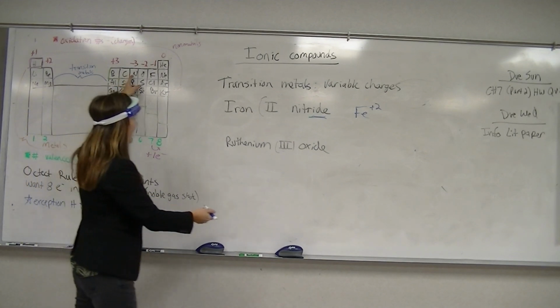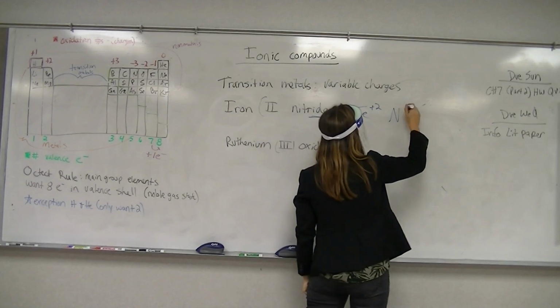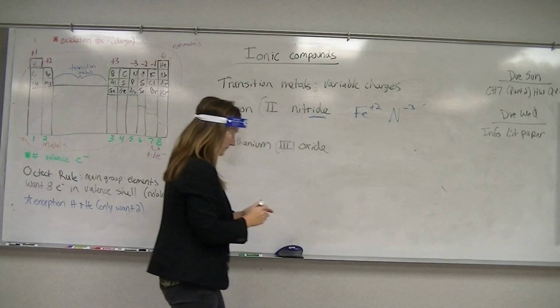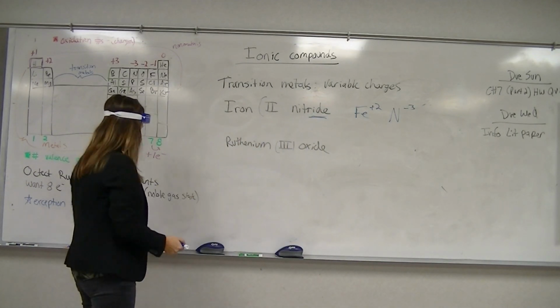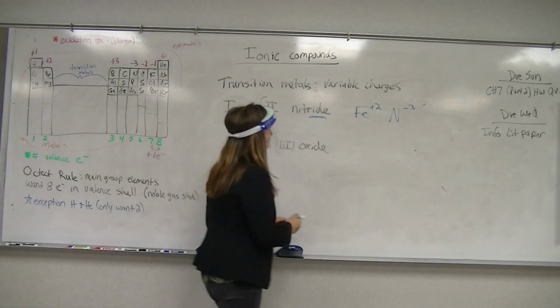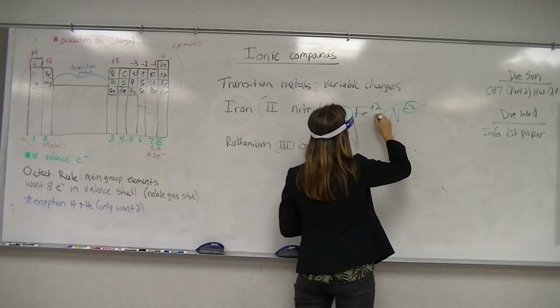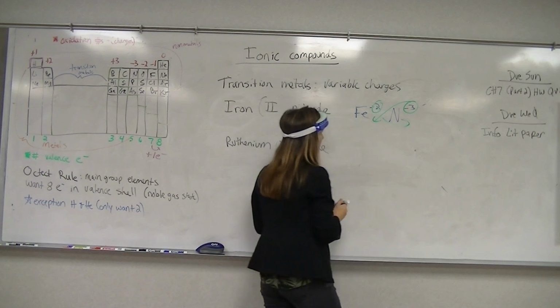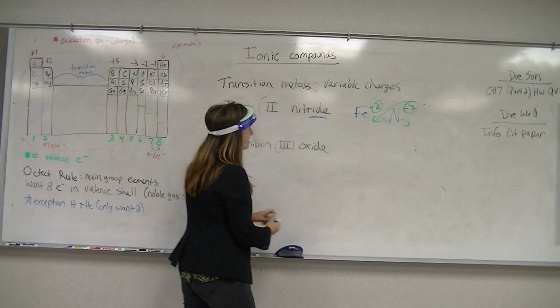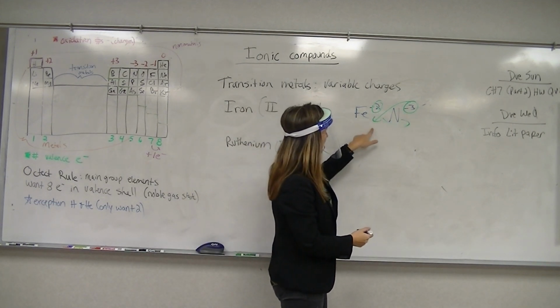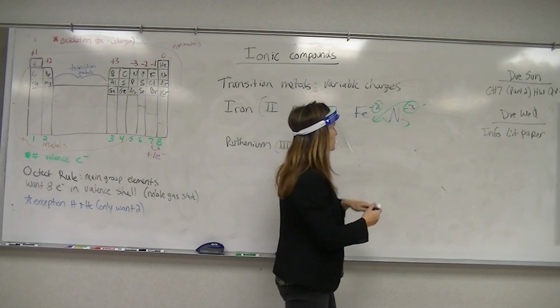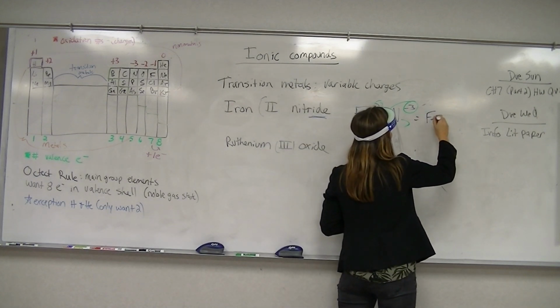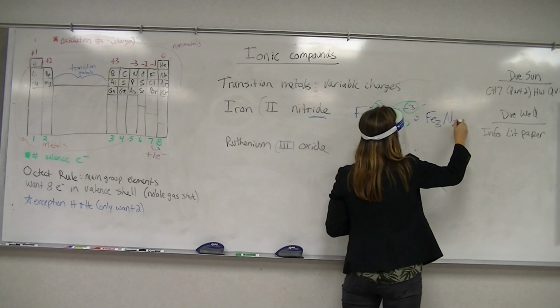So its charge, N, is going to be -3. Do the charges cancel? No, so we're going to crisscross them. The chemical formula becomes iron 3 and then nitrogen sub 2: Fe3N2.